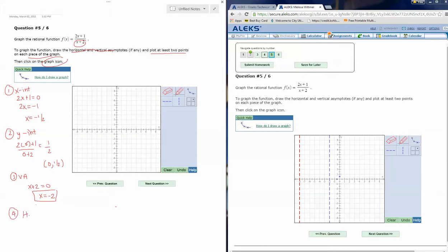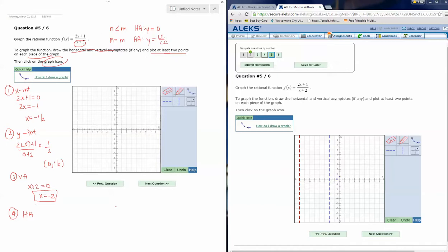So horizontal asymptotes, that requires us to compare the top degree with the bottom degree. There are two cases that we're going to graph. If the top power n is less than the bottom power m, then we have a horizontal asymptote at 0. If the top power n is equal to the bottom power m, then the horizontal asymptote is the quotient of the leading coefficients.